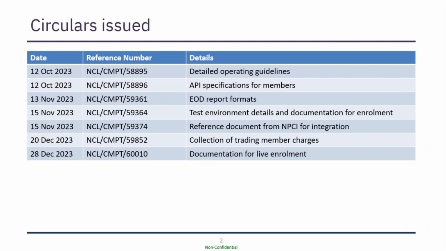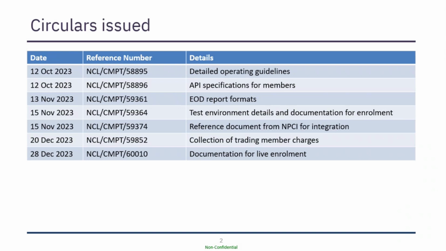So a number of circulars have been issued by NCL on this topic. This slide just gives a brief of what all is issued. In October, we first issued the detailed operating guidelines. We also issued the API specification for members. We issued the end of day report formats in November, followed by the process and documentation to enroll in the test environment.